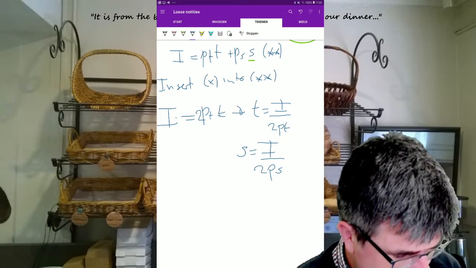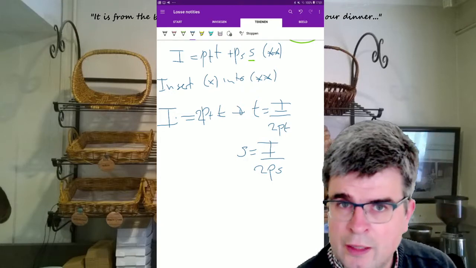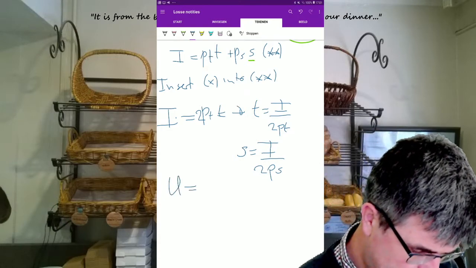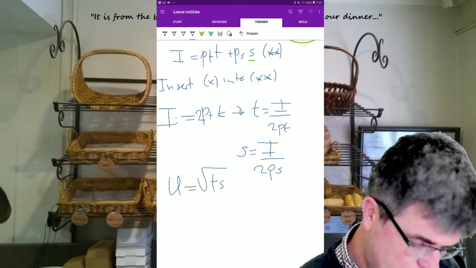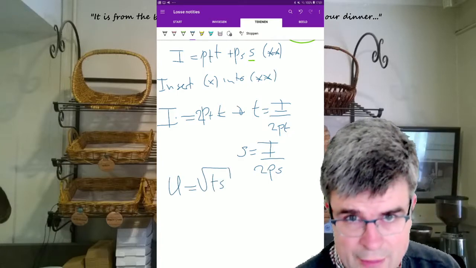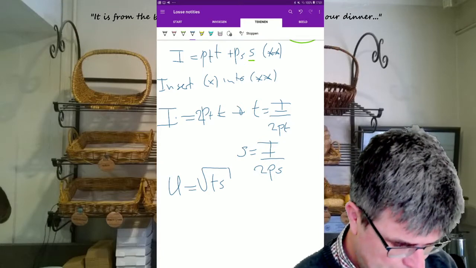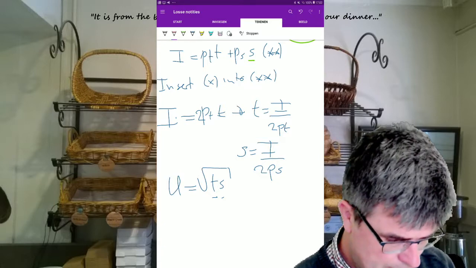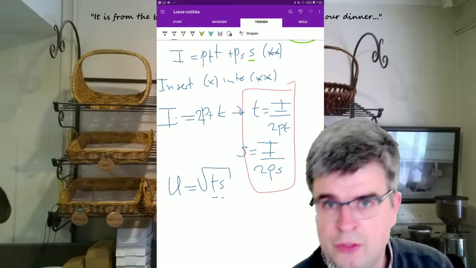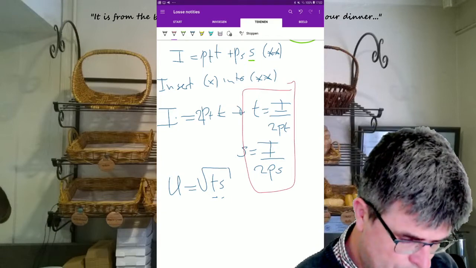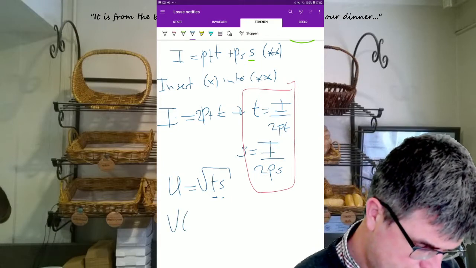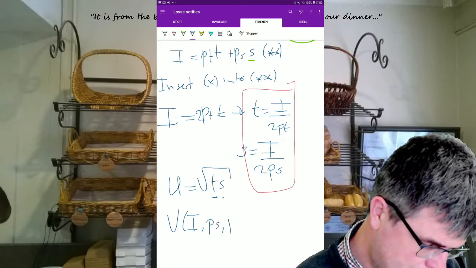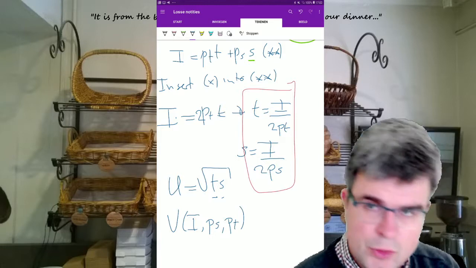And we substitute this into the utility function in order to get the indirect utility. So we have the direct utility function, which is expressed in the number of units and gives us the direct consumption utility. But now we replace the T and the S over here by these two expressions, such that we get the indirect utility function, V, which is a function of income, the price of soda and the price of Twinkies.